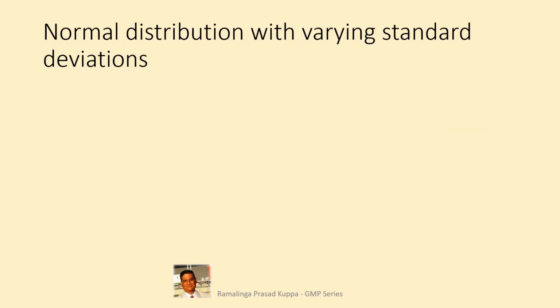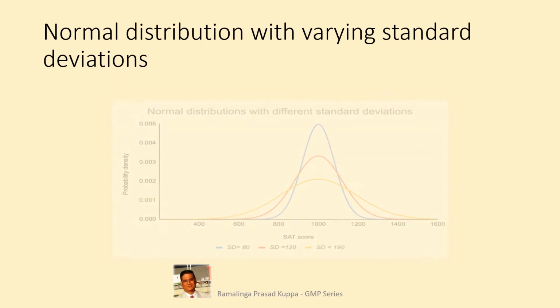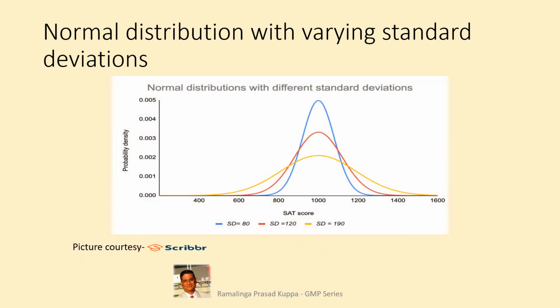Normal distribution with varying standard deviations. This is interesting. You can see the significance of standard deviation in this example. For lowest standard deviation of 80, the spread is between 800 and 1200 approximately. This is closer to the median.